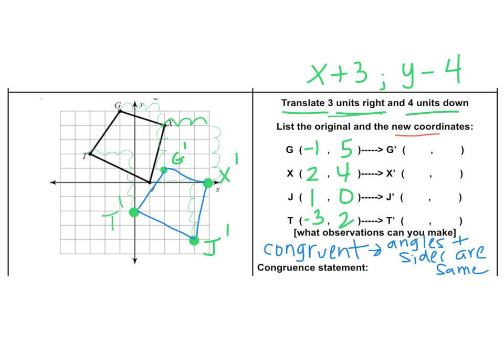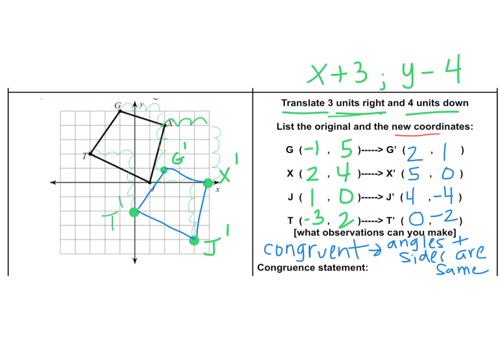Okay, new coordinates. So G prime is forward 2, up 1. The X is forward 5 and nowhere on the Y. The J is forward 4 and then looks like it's down 4. And the T is 0, -2.